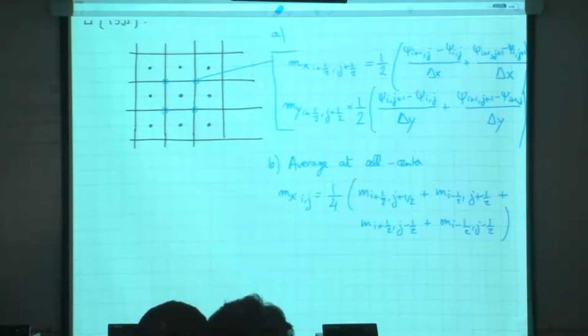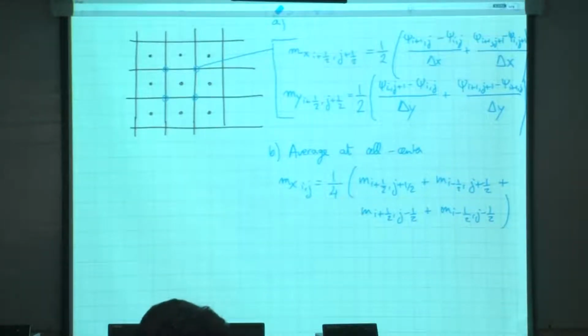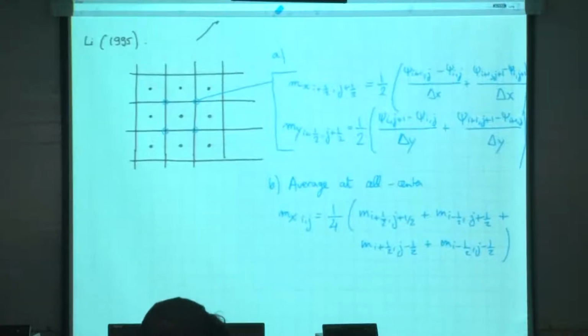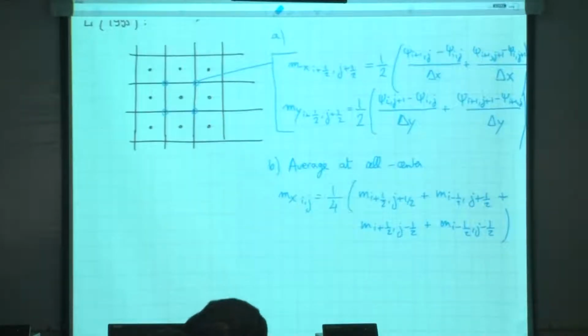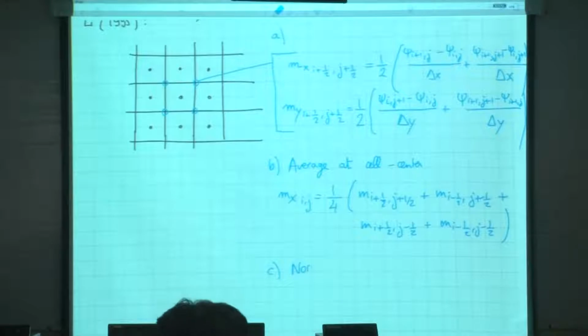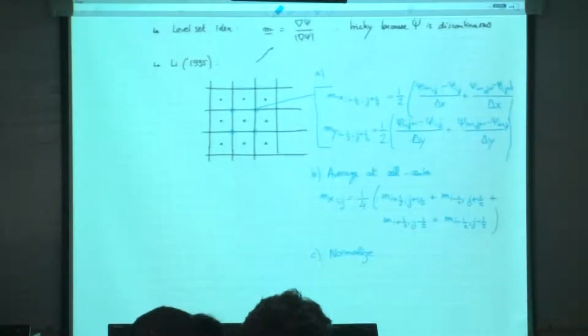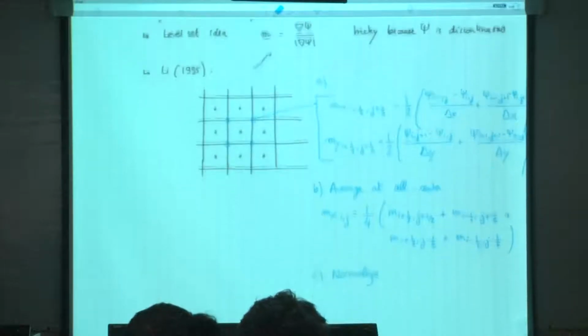So you can combine all this into a single expression that's a bit shorter. It ends up summing the neighboring values and subtracting the middle one. We're not going to go further there. And then step C would be normalize. So that works okay.